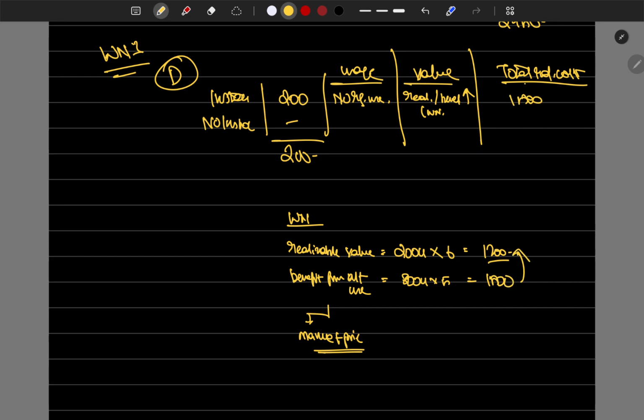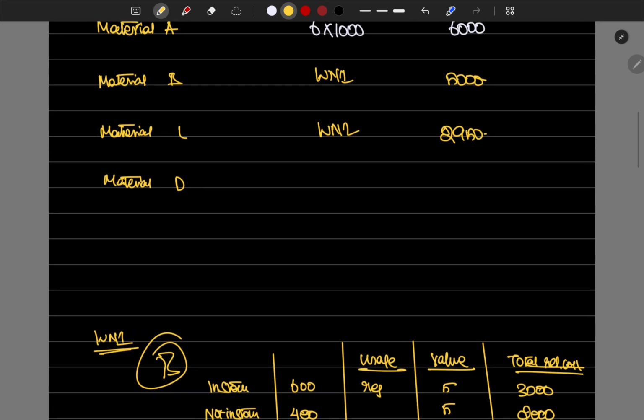So 1500 is our relevant cost. So 1500 we'll put here. Working note number 3. Total will be 6000 plus 5000 plus 2950 plus 1500, which is 15450.